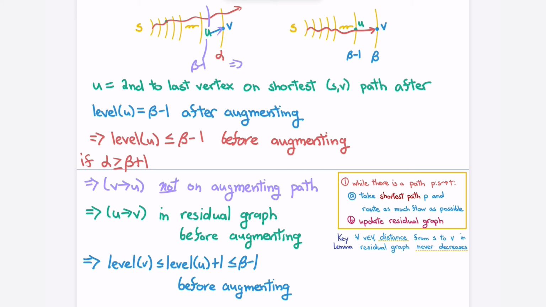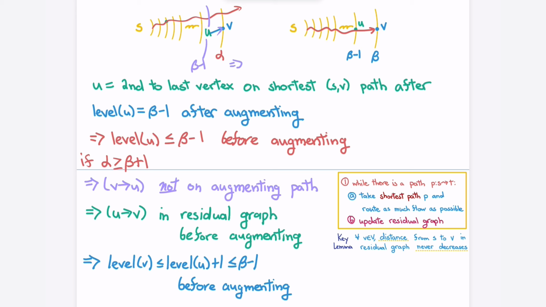So I did not send flow from v to u previously, but I do have some capacity from u to v afterwards. And that edge u to v did not get introduced by the previous augmenting path because it didn't use the opposite edge. That means u to v must have been an edge before.